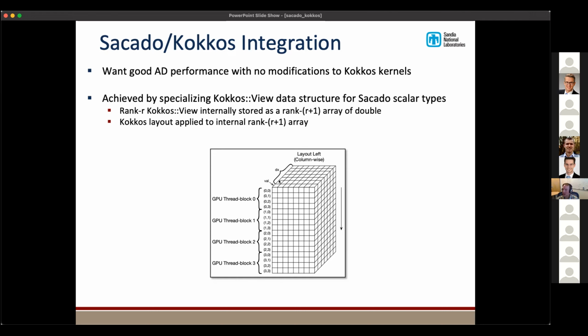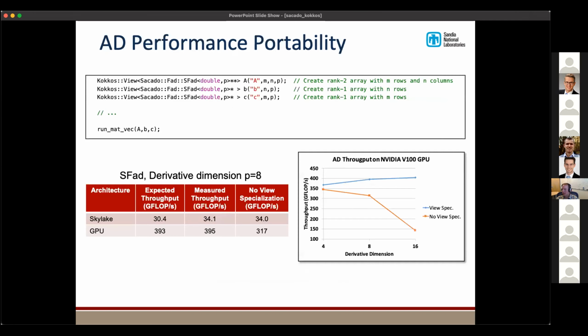So we had to modify Sacado to support that, and we have a lot of infrastructure in Sacado that specializes all these Kokkos data structures for this. Using that, we can achieve the performance portability that is desired with Kokkos.